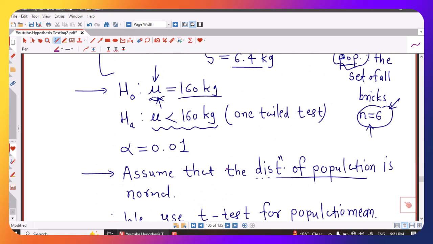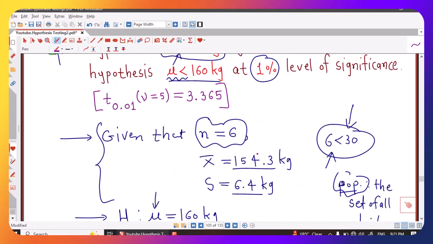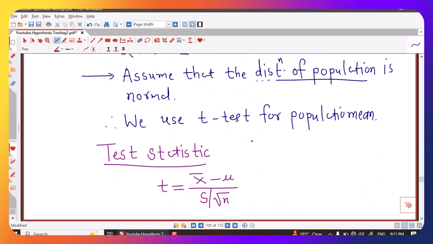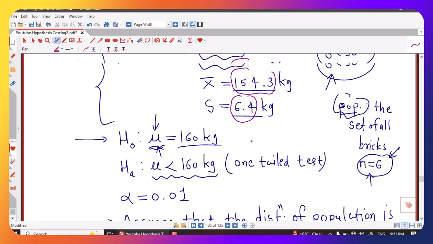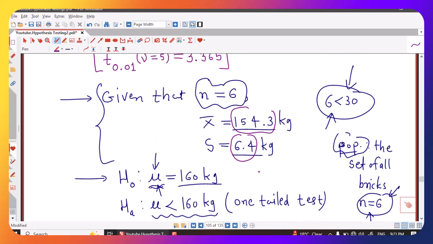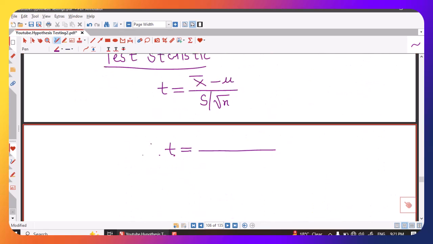Our sample mean is 154.3 kg, standard deviation is 6.4, n is 6, and whenever we are considering hypothesis testing, we assume that null hypothesis is true and then we test that null hypothesis. So we can take mu equal to 160.